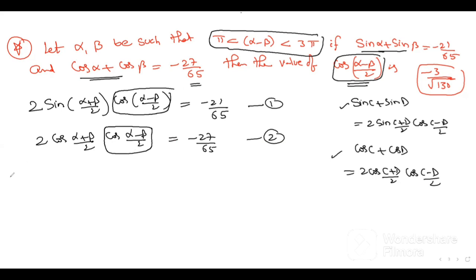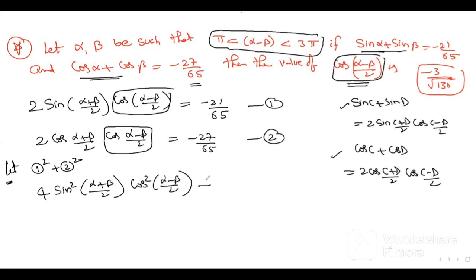Now let us do equation 1 whole square plus equation 2 whole square. Equation 1 squared is 4 sin square((alpha plus beta) by 2) into cos square((alpha minus beta) by 2). Equation 2 squared is 4 cos square((alpha plus beta) by 2) into cos square((alpha minus beta) by 2).